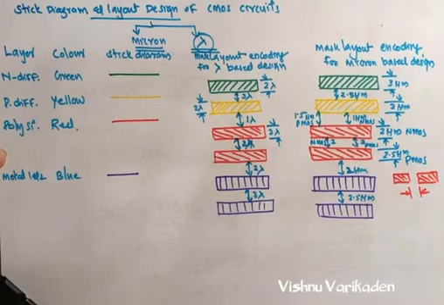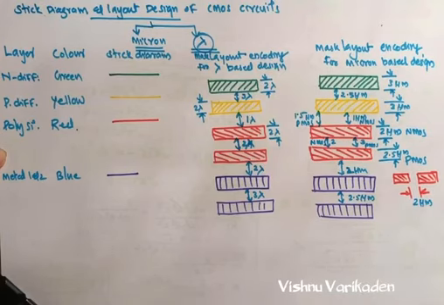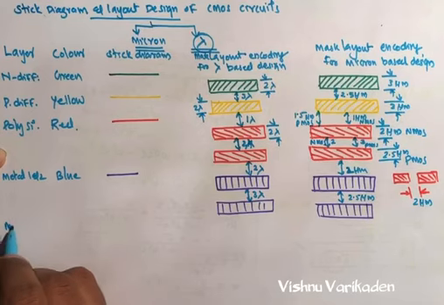So that is 2 micrometer. The gap between the two polysilicon is 2 micrometer.